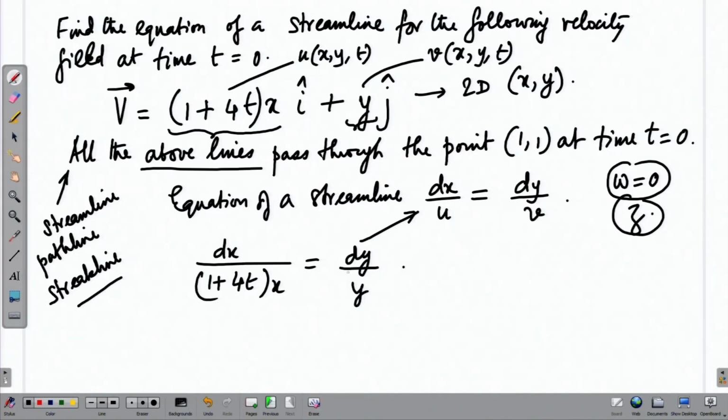and then we will integrate it. Before integrating, you can cross multiply and make this dx by x equals 1 plus 4t times dy by y.